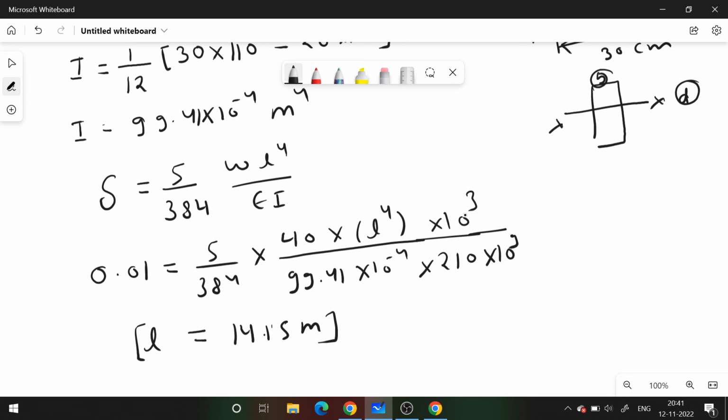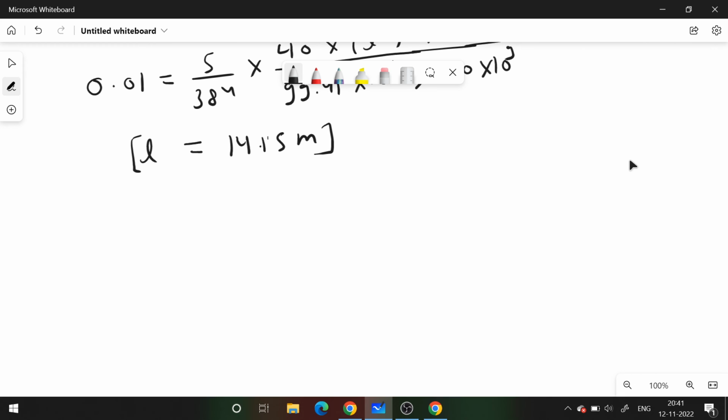So the length of this simply supported beam will be 14.15 meter, and this beam is used as a column whose both ends are fixed. In that case, the crippling load P will be equal to pi square EI into 4 upon L square.